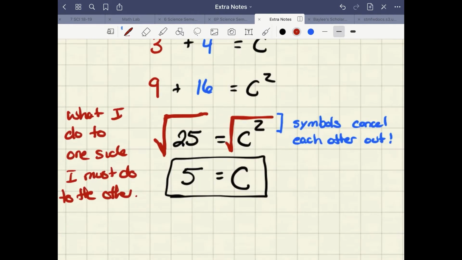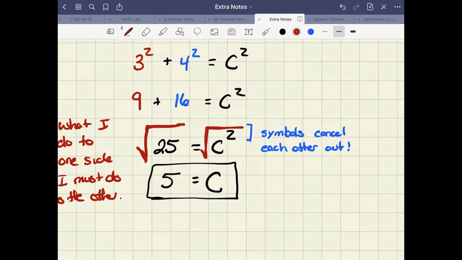So in the case of over here, if I had the square root of c squared, the symbols cancel each other out, and I'm left with c. What I do to one side, I must do to the other. So if I take the square root of 25, I'm left with 5.